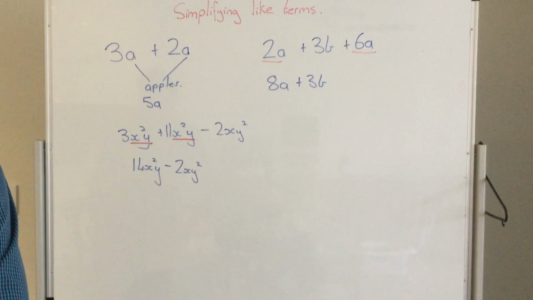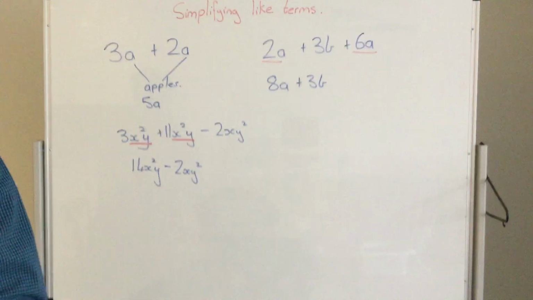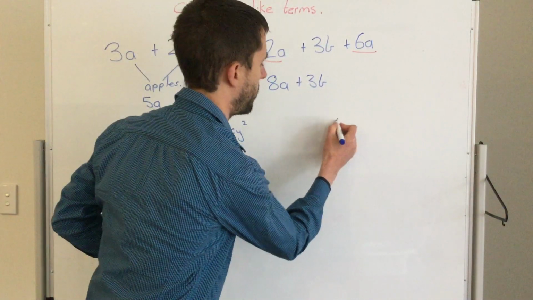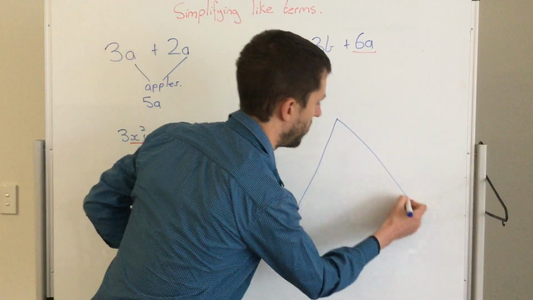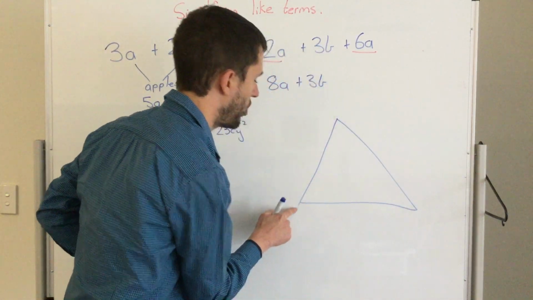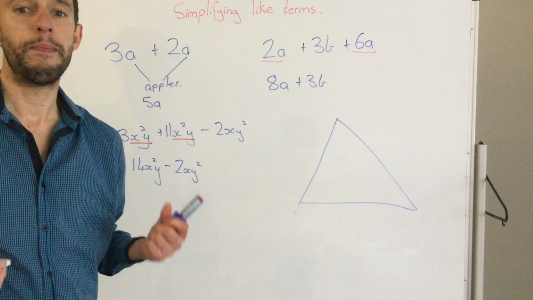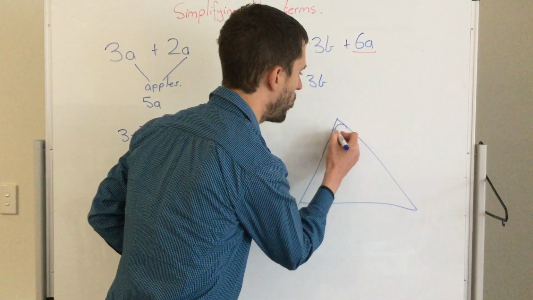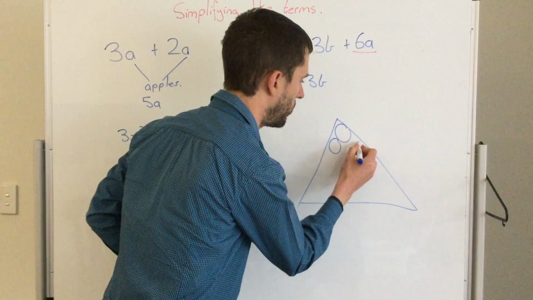Let's put this into practice now. I'm going to be drawing a picture over here. Now, if you have played pool, this is a pool table set where I have all of my balls in here. This is the triangle.